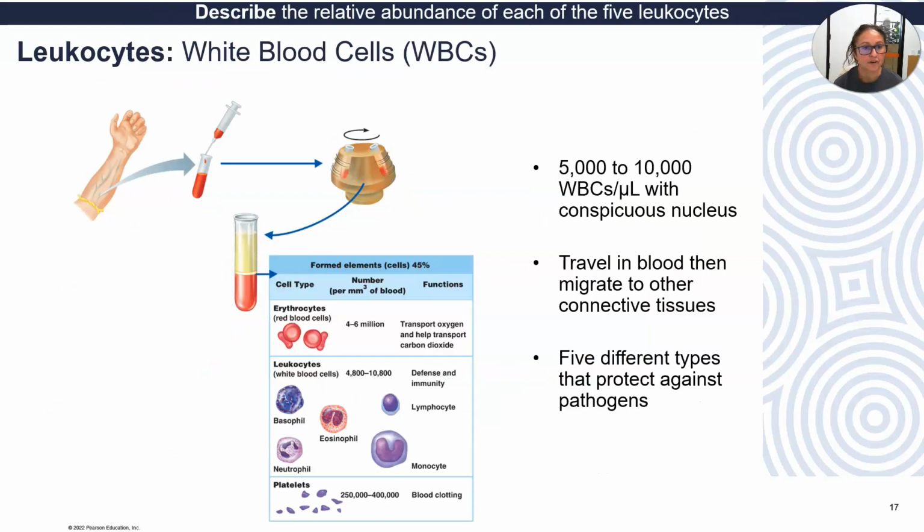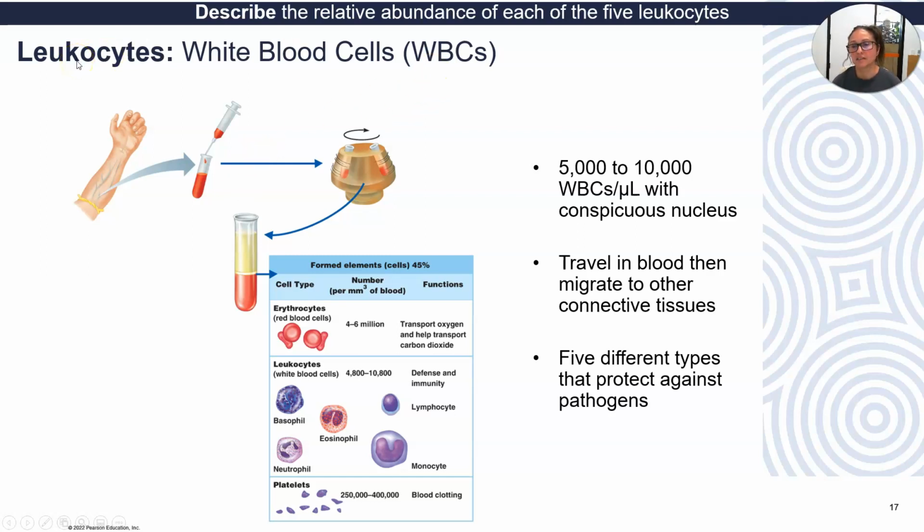Right, so let's move on. So we know that our blood is made up of plasma and formed elements, which are cells and bits of cells. We just had a look at our blood typing, but now let's just have a very, very quick look at our leukocytes.